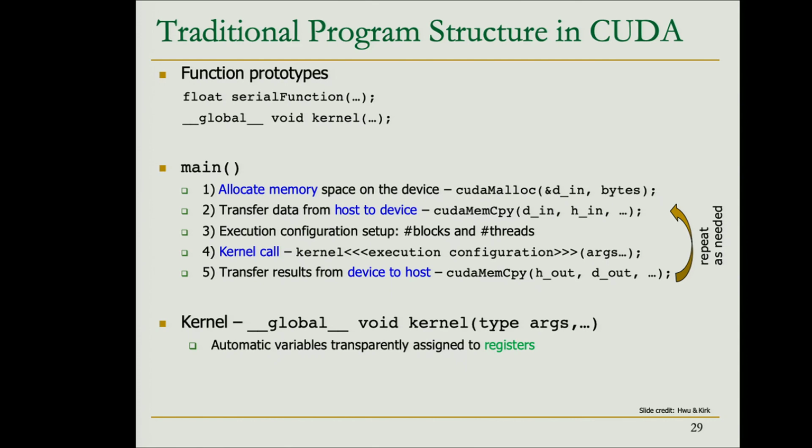We are not going to enter the details of compilation, but for you to know, when you write a program, you will see that CUDA programming is very similar to C programming. Whenever you use automatic variables inside your program, these are typically going to be mapped into registers. But we can also define shared memory, and for this we need to use a special word inside the kernel code.